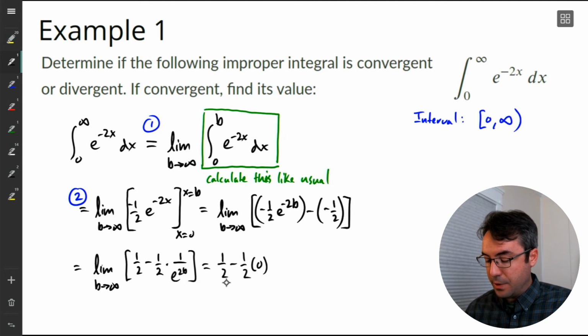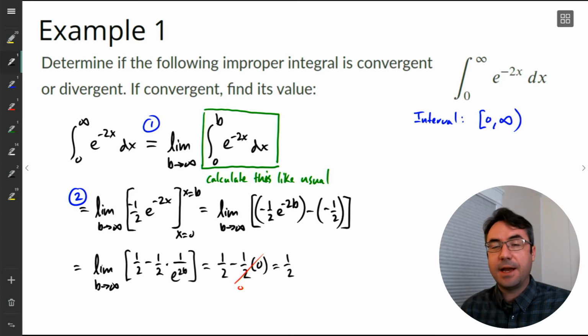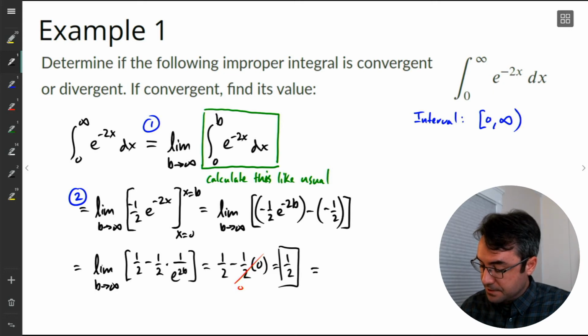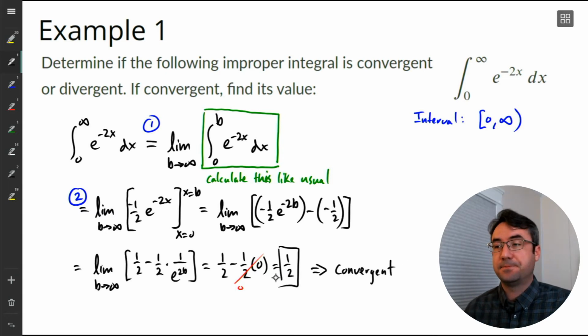We end up with 1/2 minus 1/2 times 0. Anything times 0 is just 0, and so we end up with 1/2 as the value. And that's it. The fact that we get a number here tells us our improper integral is convergent, and the value of our improper integral is 1/2.